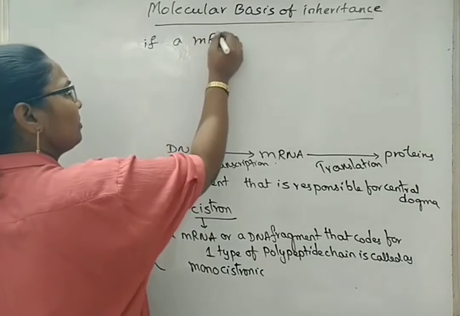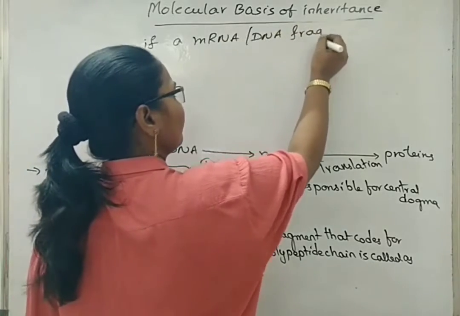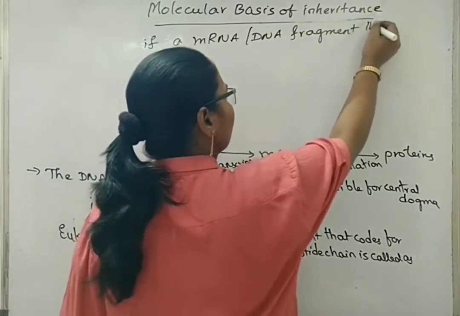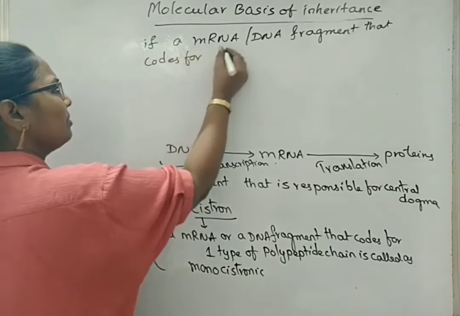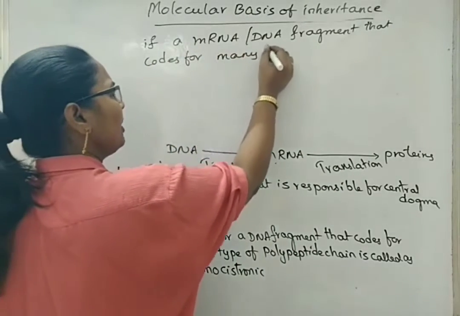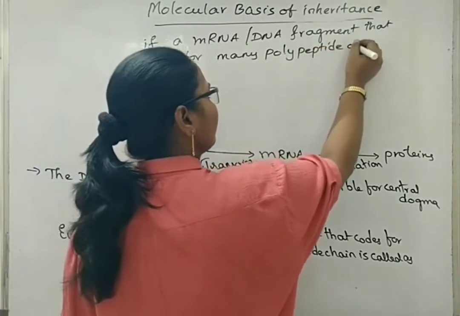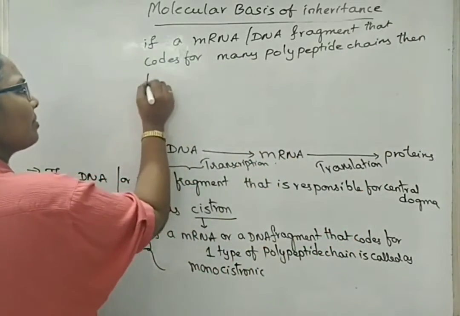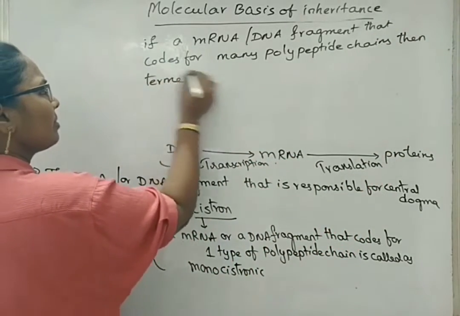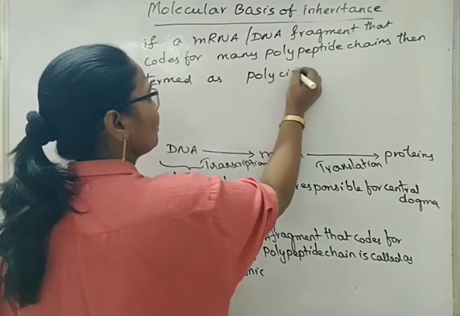A mRNA or DNA fragment that codes for many polypeptide chains is then termed as polycistronic.